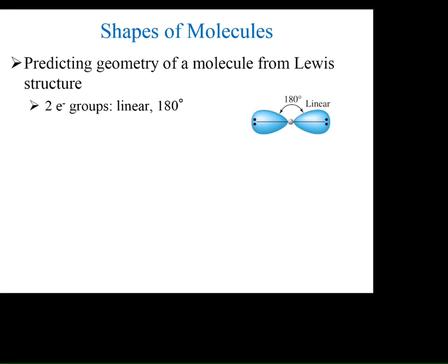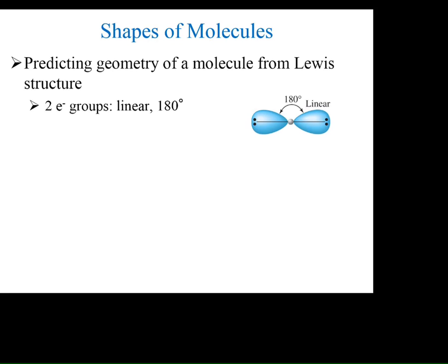Well, the best way to minimize repulsion and get them as far apart as possible is to put them on opposite sides of you, right? So if you have 2 electron groups, you're going to have a linear geometry. So 2 electron groups will make a linear geometry.